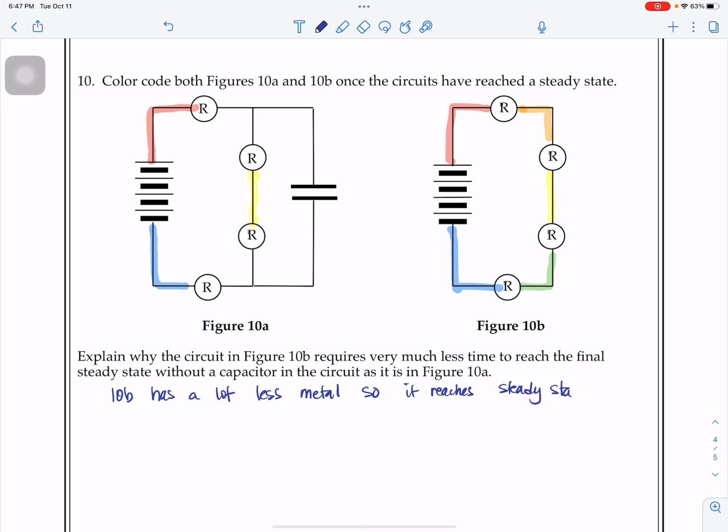The capacitor, remember, is basically like two huge sheets of metal with an insulator between them. So remember the capacitor, I've got a conductor, I've got the insulator, and I've got the conductor. And these are rolled up with the two terminals. I haven't really shown you this, but there's a stunning amount of metal that is rolled up into this capacitor. And so that's why it takes a long time to reach steady state.